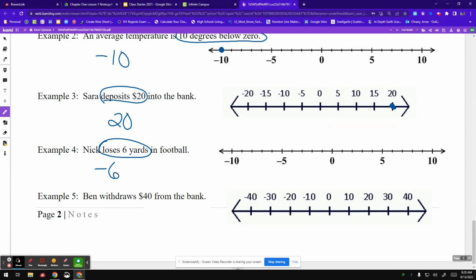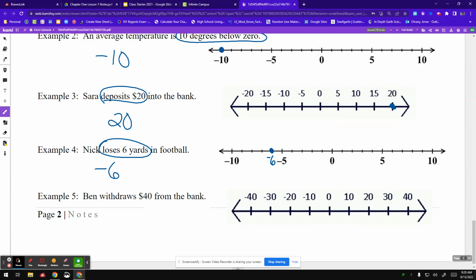Negative 6. And I'm going to plot that on my number line. I see negative 5, but I'm not sure if negative 6 is here or here. So I'm going to start at 0 and go negative 1, negative 2, negative 3, negative 4, negative 5. Negative 6 is over here. Remember, it looks kind of opposite. See how these almost look like mirror images of each other?